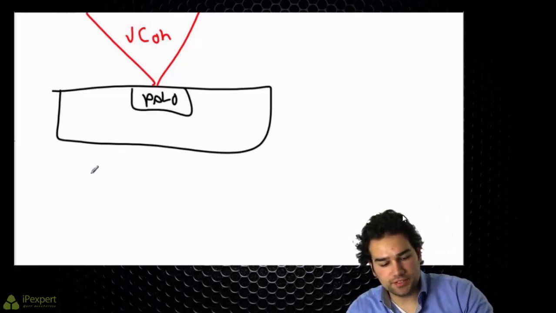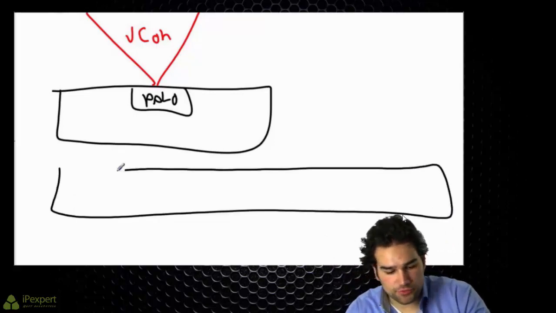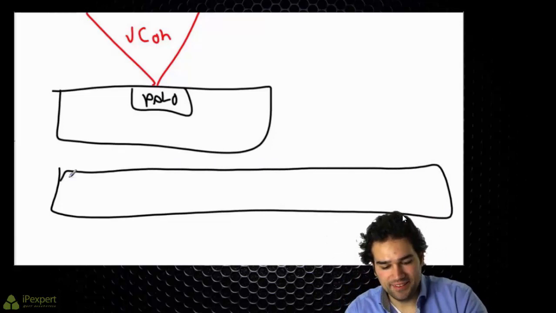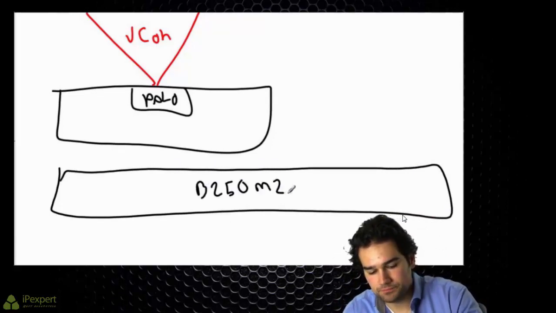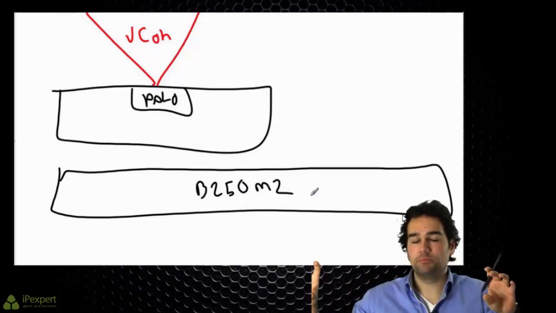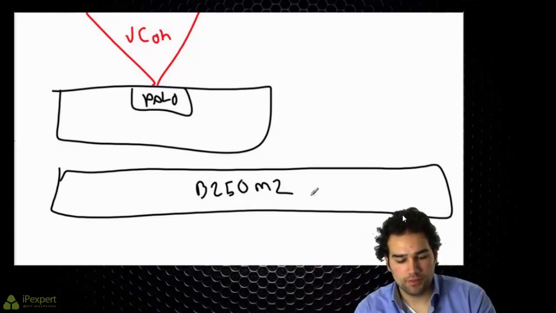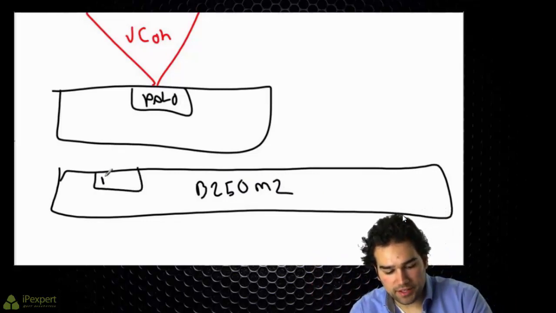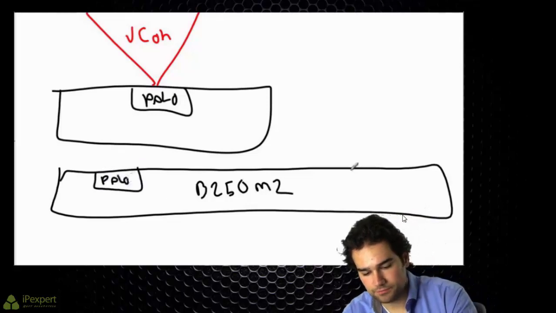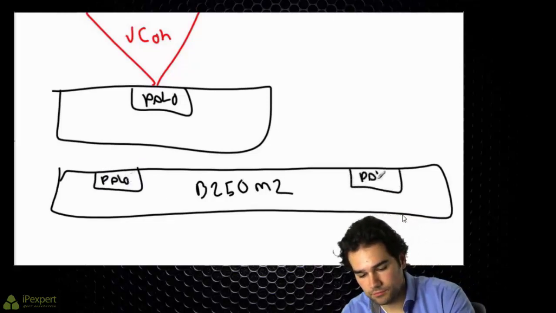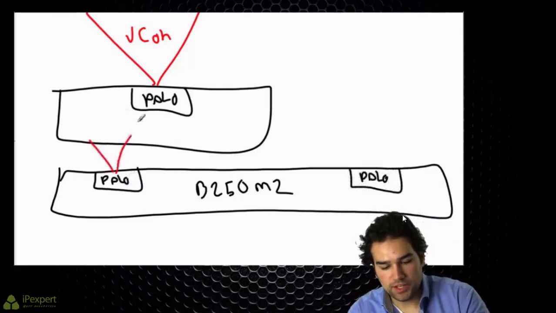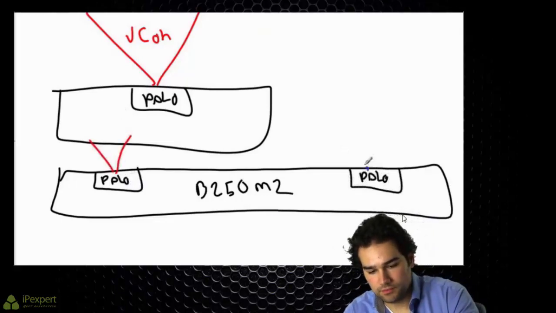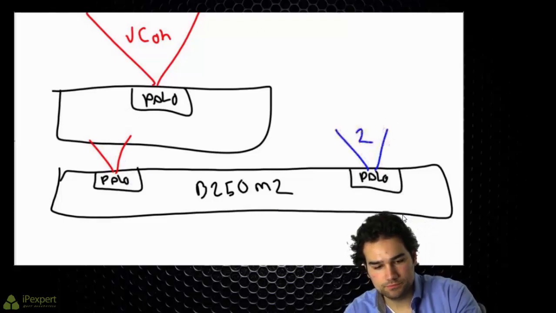Now the difference is, what if I have a full width blade? If I have a B250 M2, that is a full width blade that supports a lot of memory. In that blade, I can fit 2 Palo cards. That means vCon 1 and vCon 2.